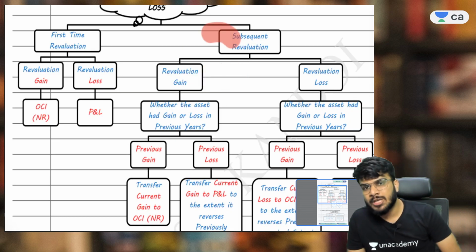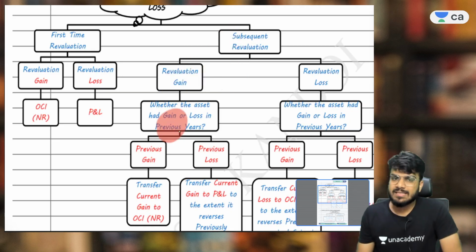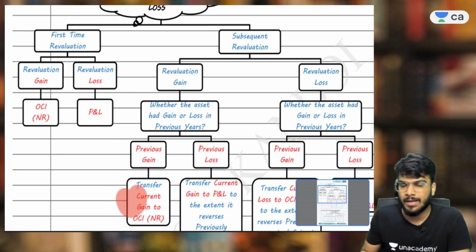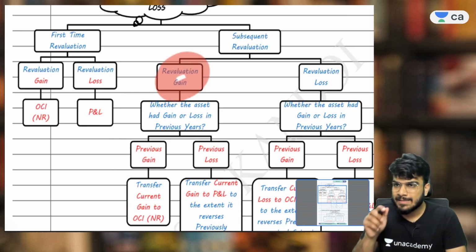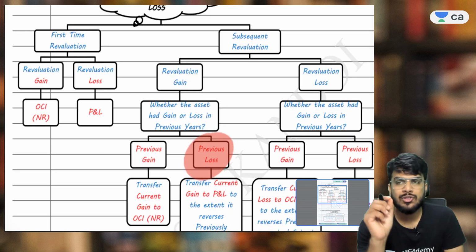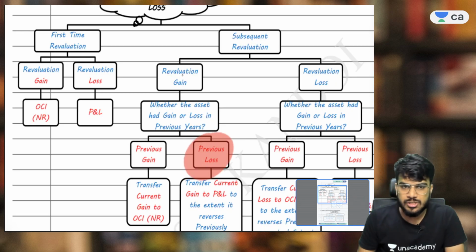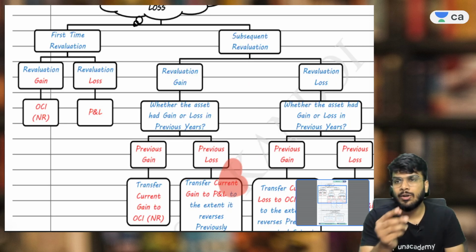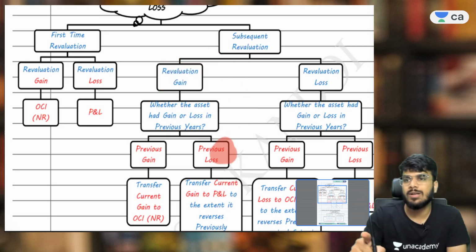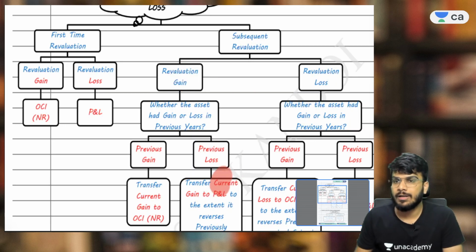So let's say subsequently it results in a gain, and previously also you got a revaluation gain. So such gain will also be transferred to OCI. But let's say subsequently it results in a gain, but previously you have a balance of revaluation loss. So first, such gain will be written off against the losses. That means first, to the extent of previous loss, such gain will be written off in P&L.